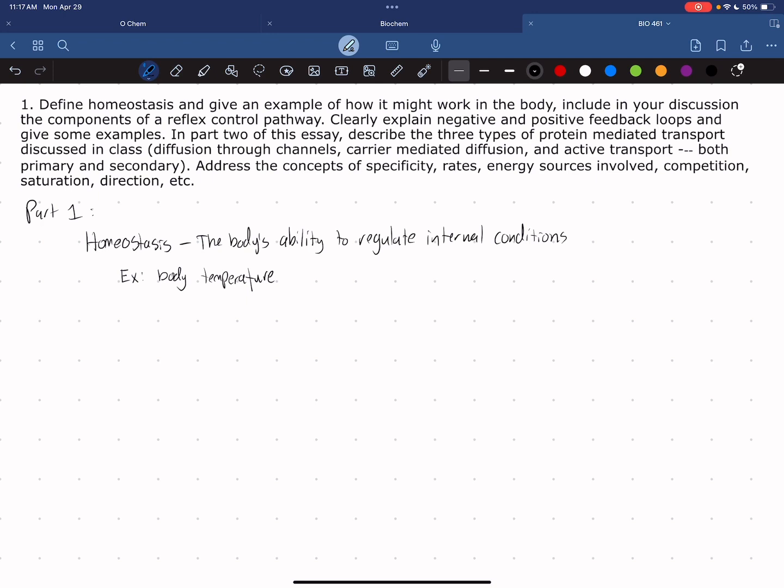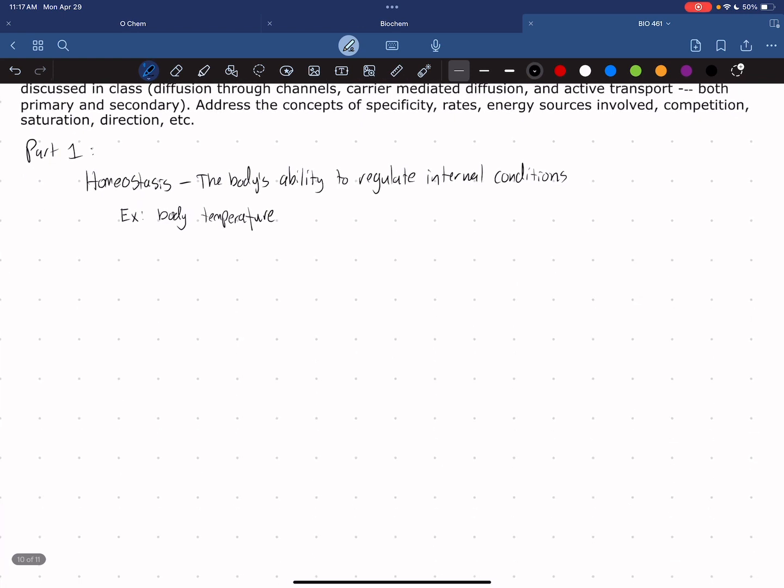So, when thinking about the pathway that happens in the body in order to regulate things like body temperature, we start with what's called the control center, which in this case will be the brain.